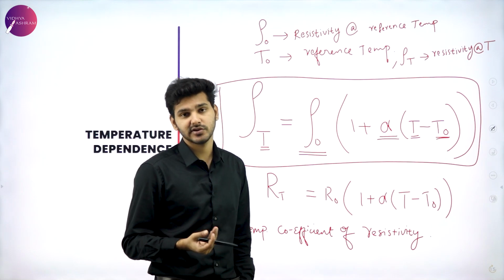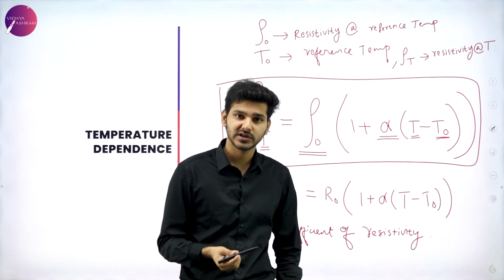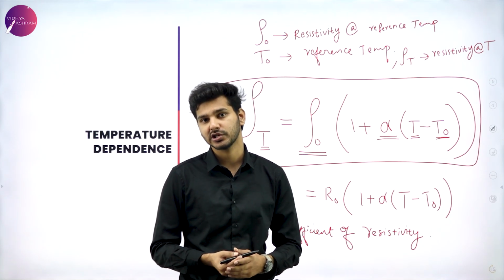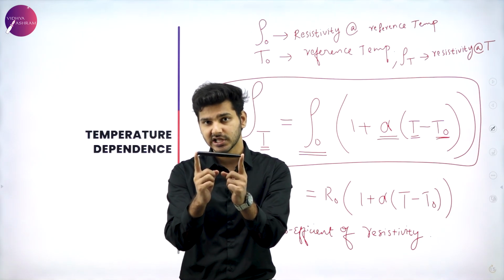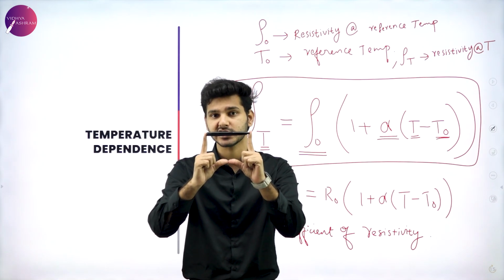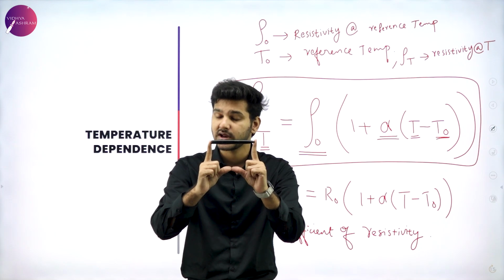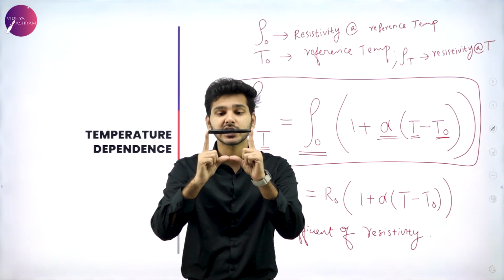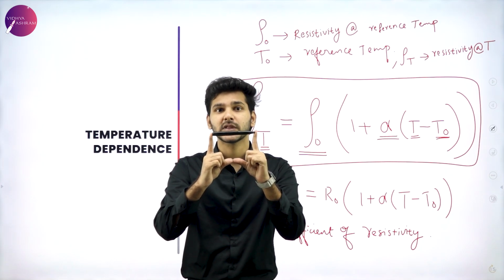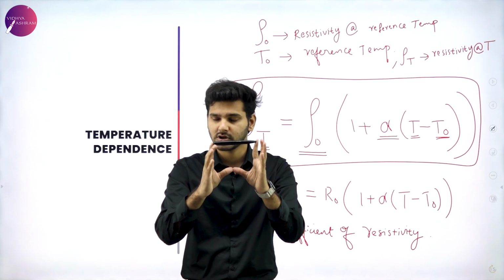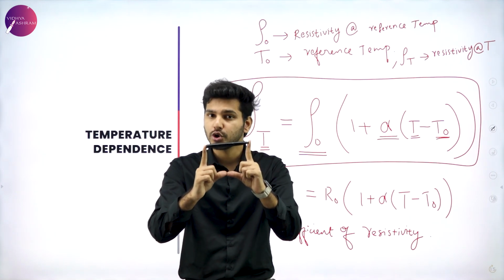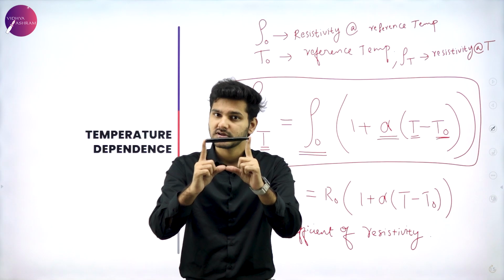Let's say you're starting an experiment with a copper wire, connecting it to a circuit and passing current through it. At initial conditions, as you're just starting the experiment, the room temperature is noted down as T naught, and this copper wire will have a resistivity of, let's say, 5 ohm meters. That will be rho naught, the reference resistivity.